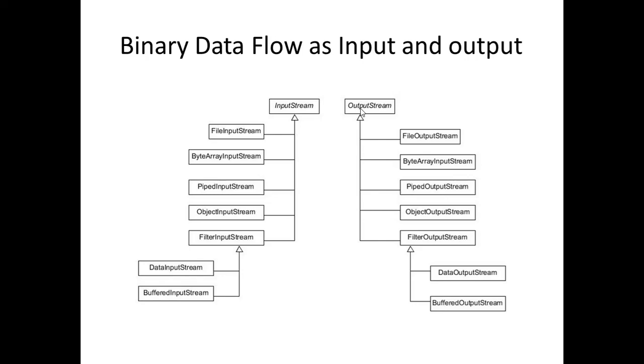The same is the case with OutputStream. The first word conveys the destination wherein the data is going to get written, and the next word after it is OutputStream. So this is the complete hierarchy for InputStream and OutputStream subclasses, provided the data flow is in the binary form.